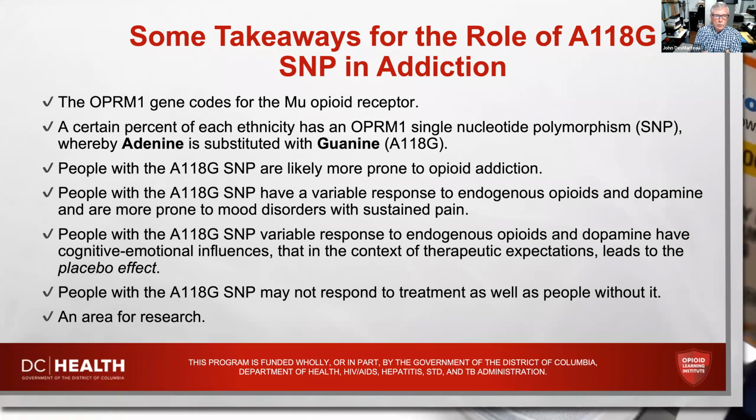Okay, so some takeaways. This gene codes for the mu-opioid receptor. A certain percent of each ethnicity has this SNP. The people with this SNP are likely more prone to opioid addiction. They will have a variable response to endogenous opioids and dopamine and are more prone to mood disorders.